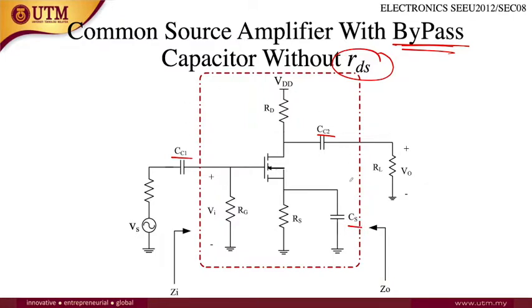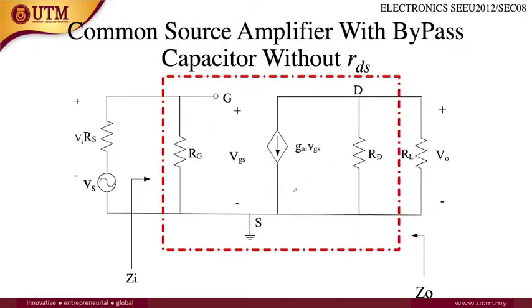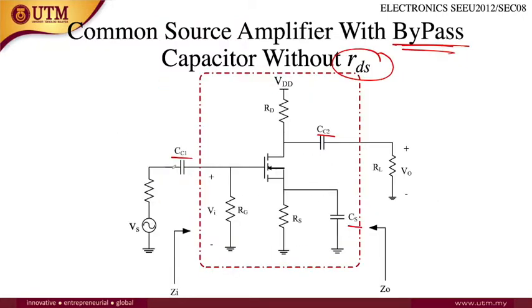So how to draw the AC equivalent circuit? It will look like this, where the coupling capacitors will be short circuit, and this VDD, which is the DC source, will be ground.